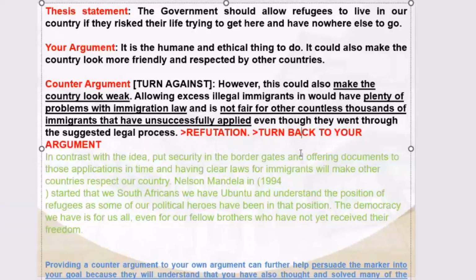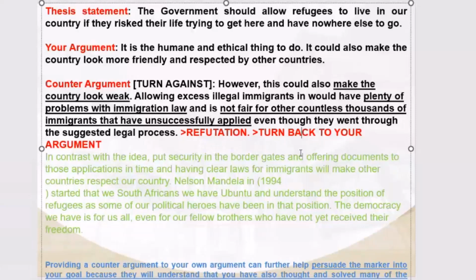It's better to think like me, considering what Mandela said about Ubuntu, about how many of them were in that same position as the refugees, and that this democracy belongs to all people, including those who do not have their freedom. Perfect. Nice. Thanks. You have done it.